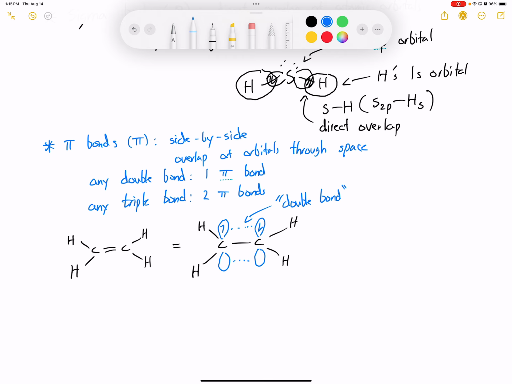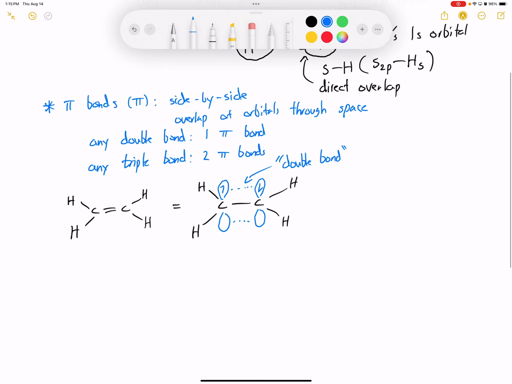All right. Now it's a little bit tricky to draw, but for a triple bond, you're just going to have an additional p orbital in between the carbon atoms. Okay? So let's say we have, here's an alkyne.